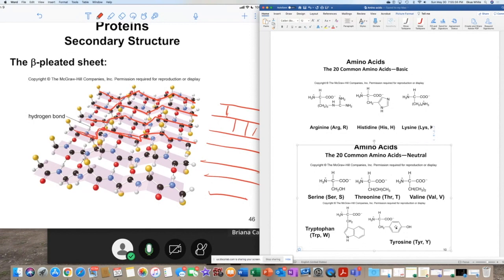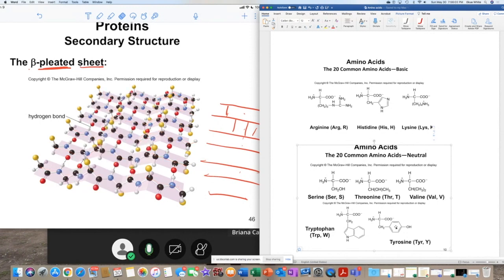I'm trying to draw the zigzag. I'm not very good at it. The picture is actually distracting me, but yeah, trying to draw the zigzag pattern. And this kink that we see looks like pleats, so it's called the beta pleated sheet. And you have many of these primary proteins side by side influencing each other, cross interacting with each other.